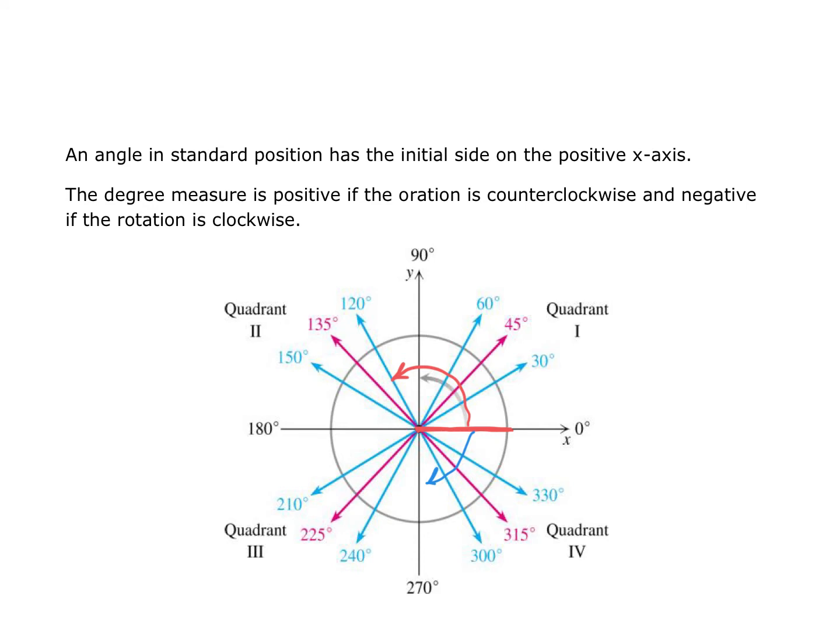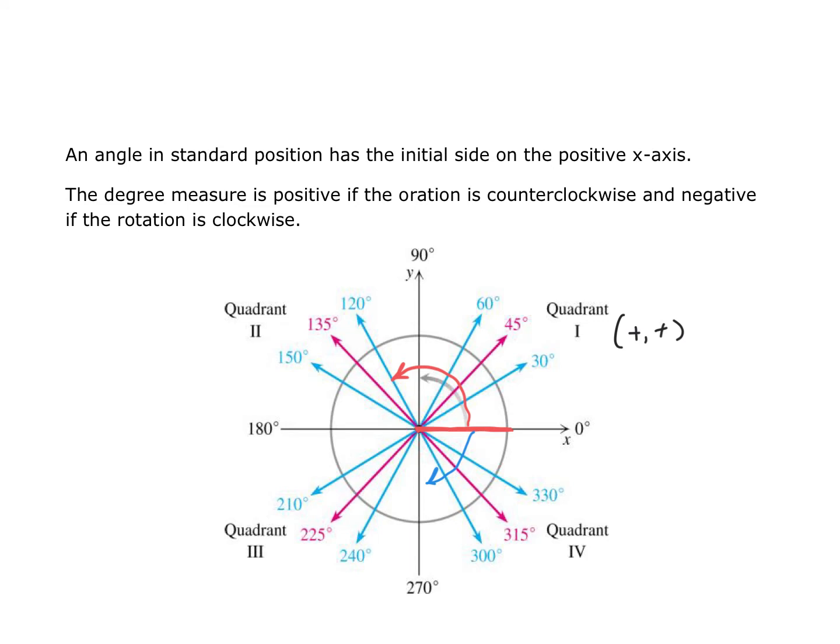We also like to talk about quadrants. When we're talking about the measure of an angle, we like to think about the quadrants they're in, because when we get further into sine and cosine, which are our ratios, we like to know where we are. So when my x and my y are both positive, we're in quadrant number 1.